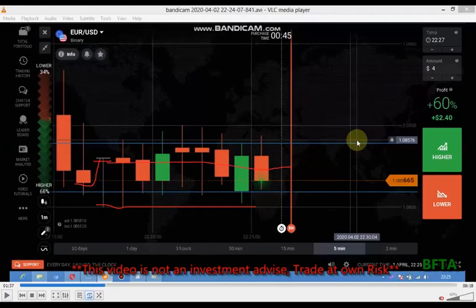Now look at what happened here. Look at what happened from here to here is buyers area. Now look at it. And here is buyers area.